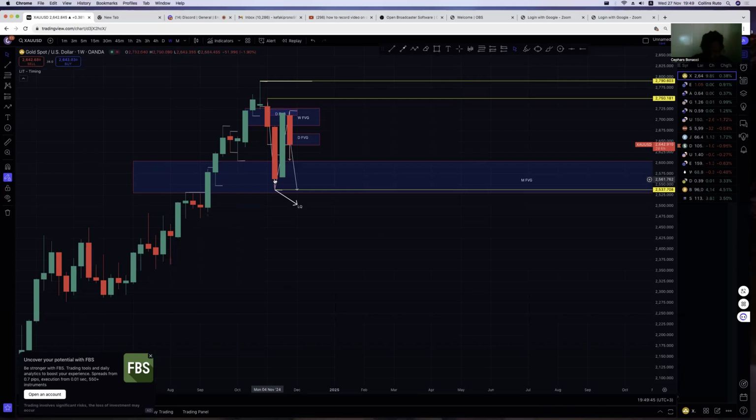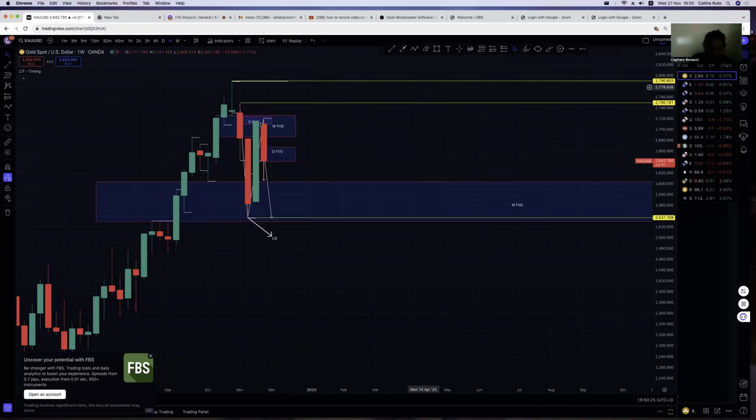Meaning, if the weekly candle closes with a wick, like for example this candle, we were selling and it closed with a wick, this tail means that at the opening of the candle we are not willing to go further down. If I see something like this with a tail, it means we are not willing to go further down. And you can see very clearly the next candle opened and went straight up.